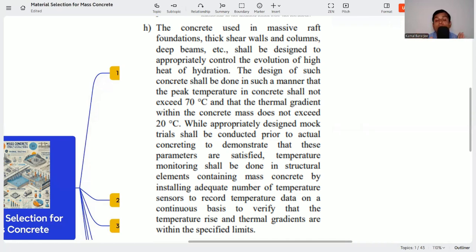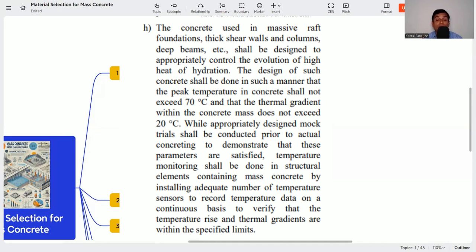The design of such concrete shall be done in such a manner that the peak temperature in concrete shall not exceed 70 degrees, and the thermal gradient within the concrete mass does not exceed 20 degrees centigrade. That means the maximum core temperature or peak temperature inside the concrete, as per IS 16700, should be a maximum of 70 degrees.